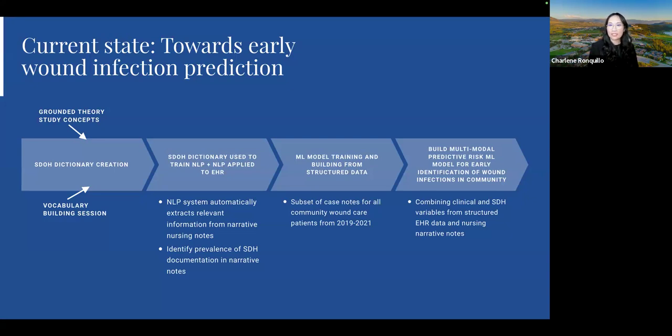Actually, before I go into that, what we want to do with this model: lots of places develop predictive models that go into clinical decision support tools. What we wanted to do differently was identify not just the clinical data that are important for wound infection risk, but also the nursing expertise, in particular social determinants of health, patterns of care delivery, things like referral.